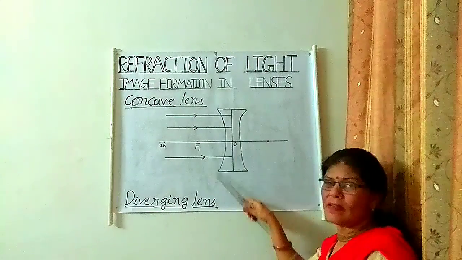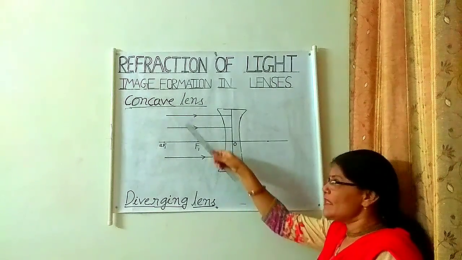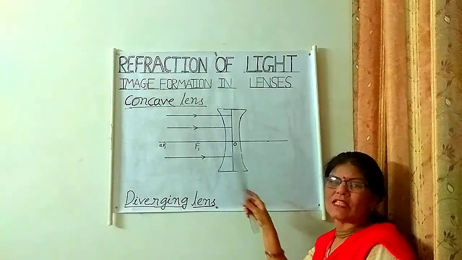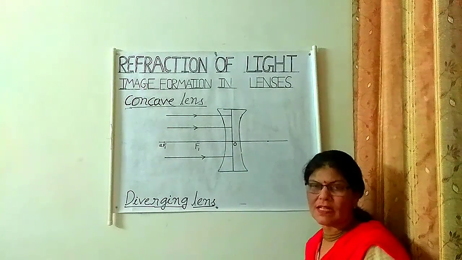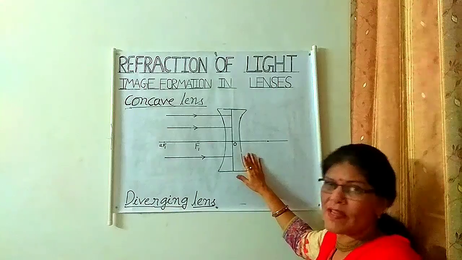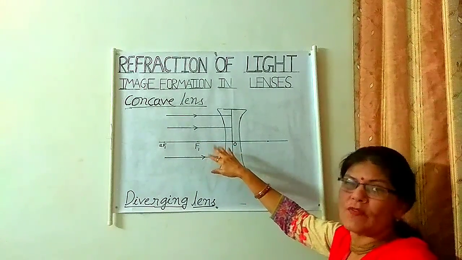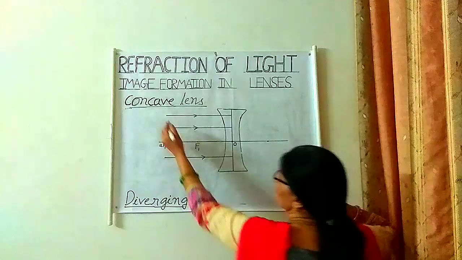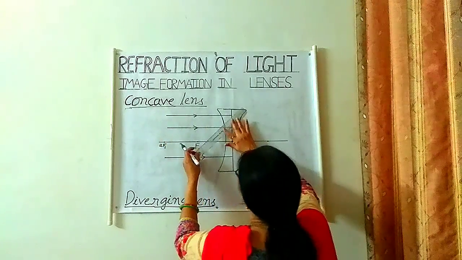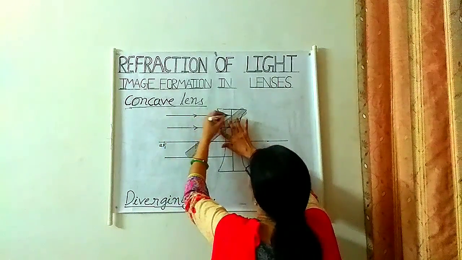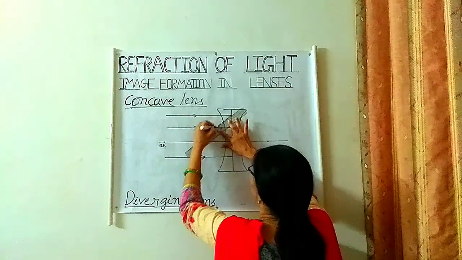So after refraction, the refracted rays will pass through the principal focus. But in the case of a concave lens, our principal focus is on this side, and this side we have to draw by dotted lines. So for this incident ray, if it will pass through the principal focus, then we have to draw dotted lines here.